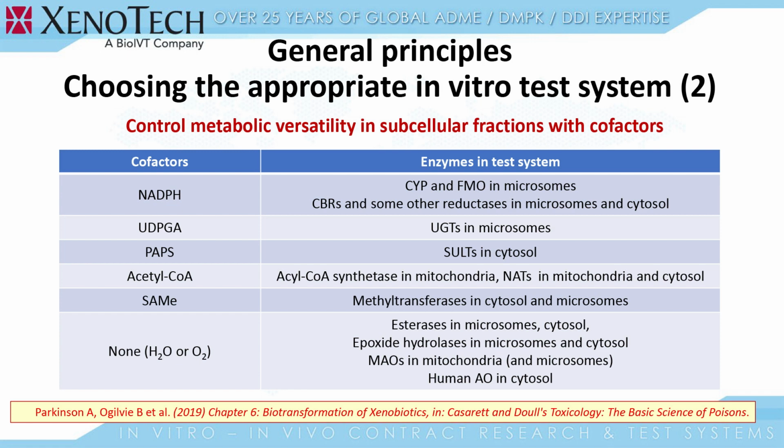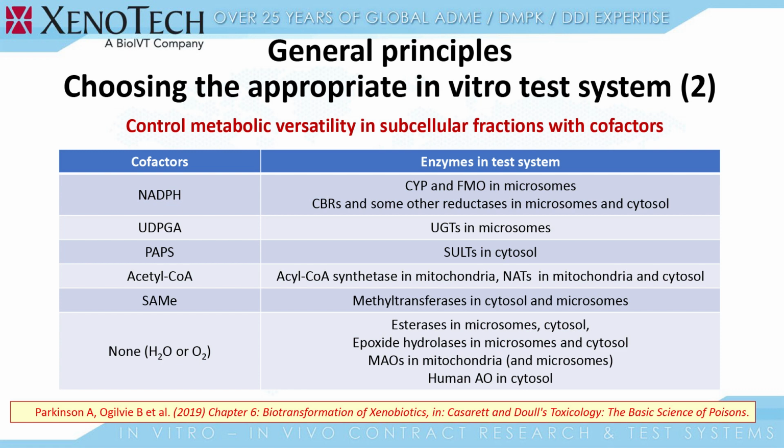For example, NADPH is the cofactor that's required by CYP and FMO enzymes in microsomes. UDPGA cofactor is required for the activation of UGT enzymes in microsomes. PAPS is the required cofactor for sulfotransferase enzymes when used in cytosol.